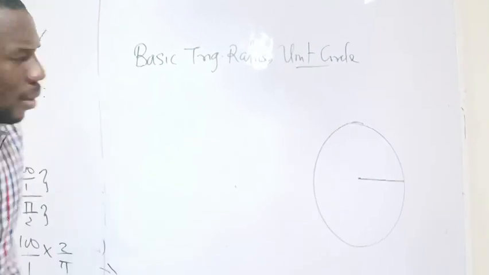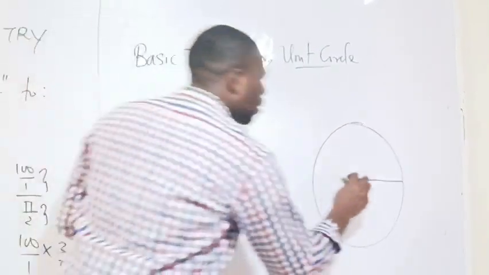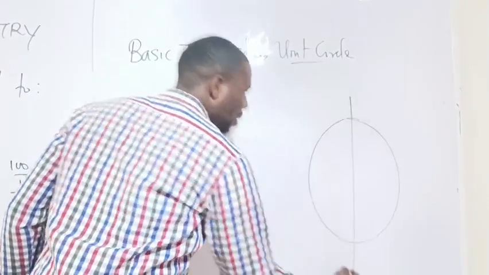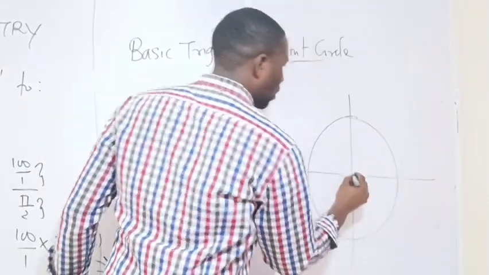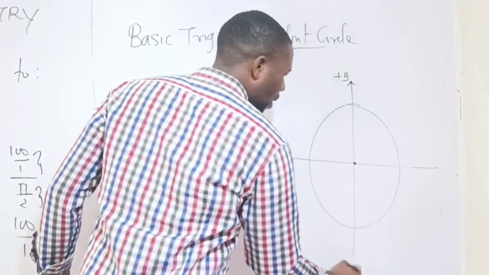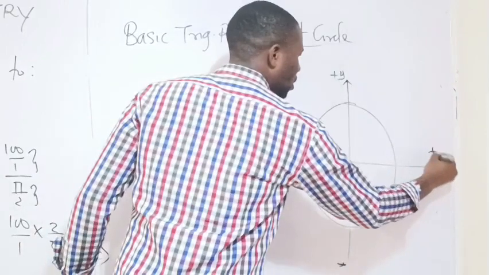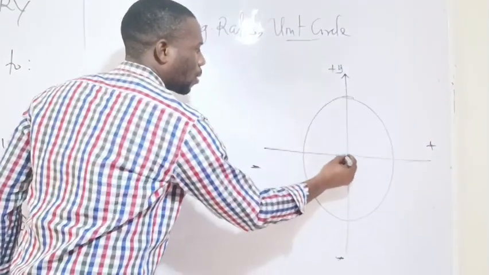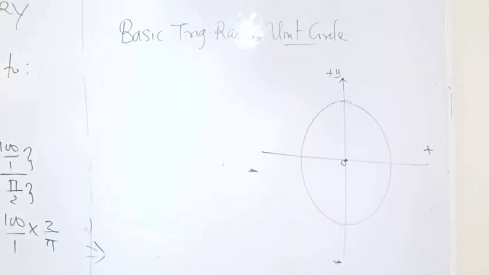Now watch this. If I draw the coordinate system, that's the Cartesian plane, this is my plus y axis, this is the negative y axis, this is the plus x, and this is the negative x axis, and of course we have the origin right at the center of the circle.